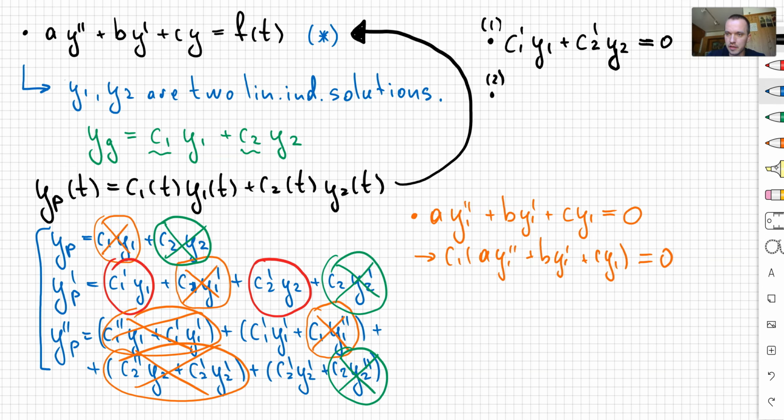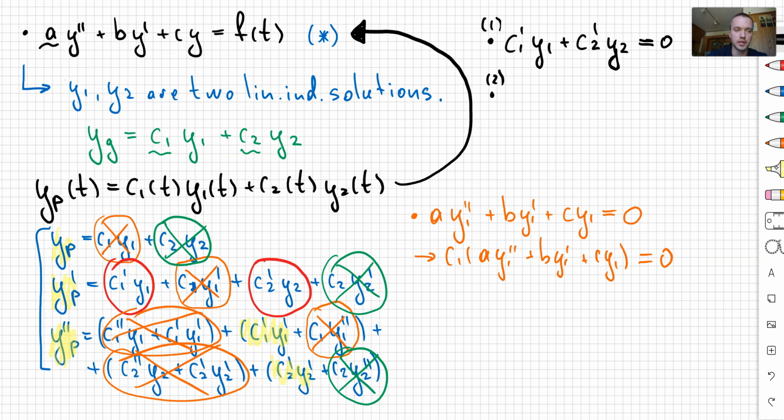You can see that if I plug into my differential equation those three functions, yp, yp prime, and yp double prime, then in the end I'm going to obtain just these two terms, c1 prime y1 prime. So let me write them down.